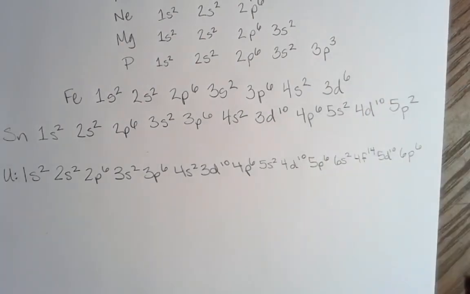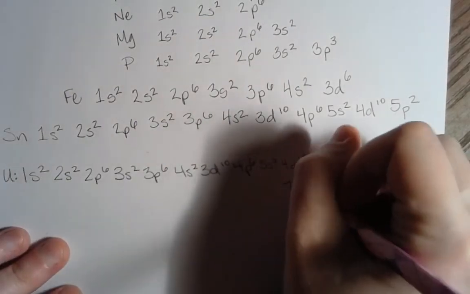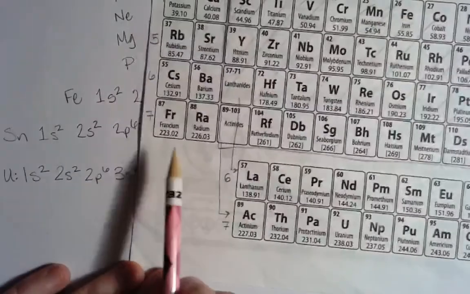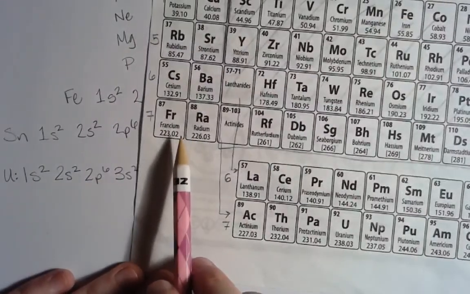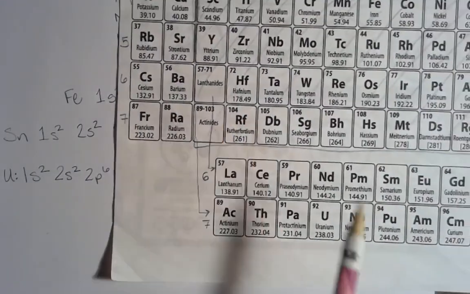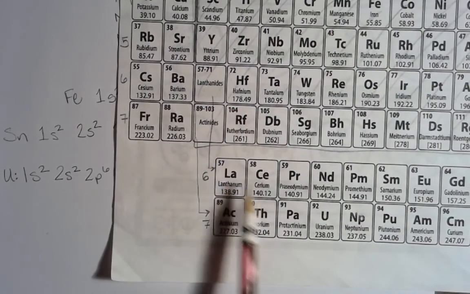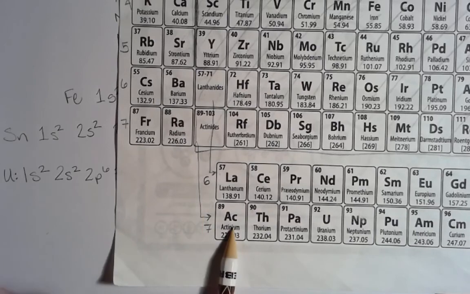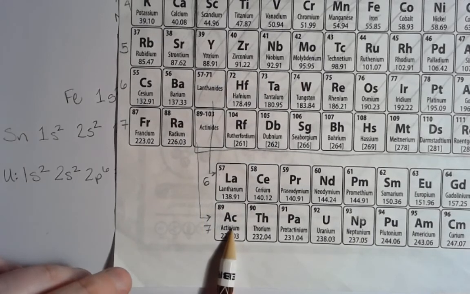We're getting close, which is nice because I ran out of space. So I'm going to start again on this line with my 7s. 7s is just this bit right there. Those are full. We're actually getting close because uranium's here, and we just got to 88 and we're going to 92. So this is your 7s2. Here's your F. Your F is 2 sizes down from what you think.